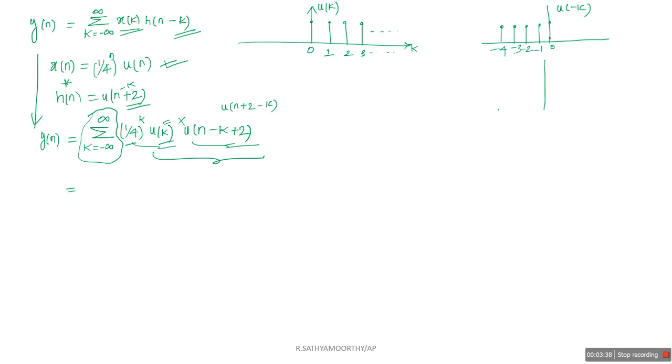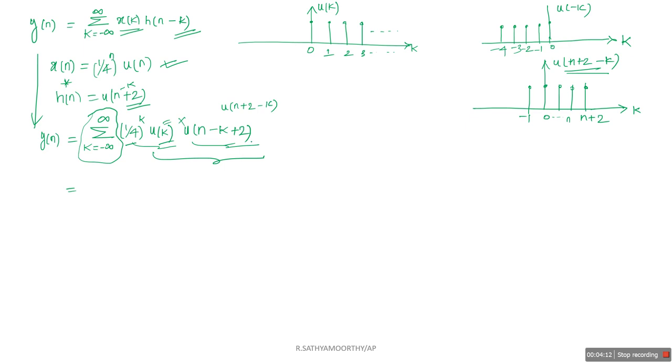And what about u of n plus 2 minus k? The signal will be like this, and the upper limit will be n plus 2, so 0 and up to n plus 2. We don't know what n is, but this is the graphical representation of u of n plus 2 minus k.